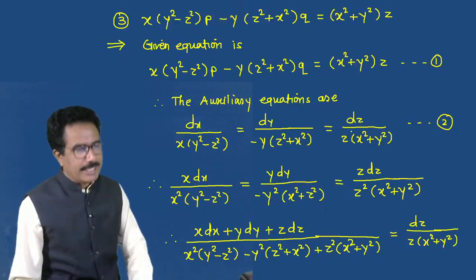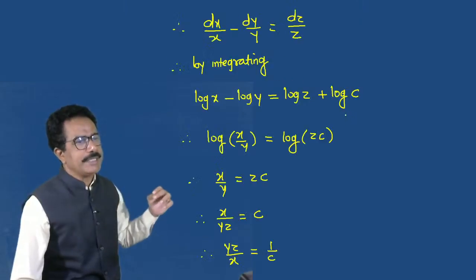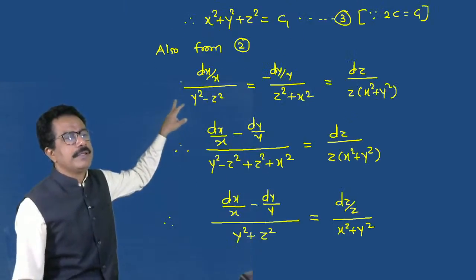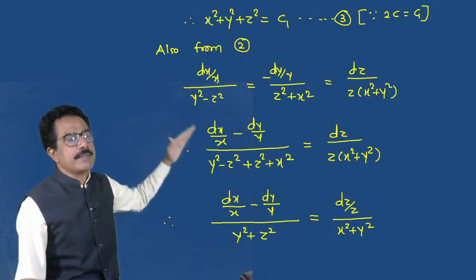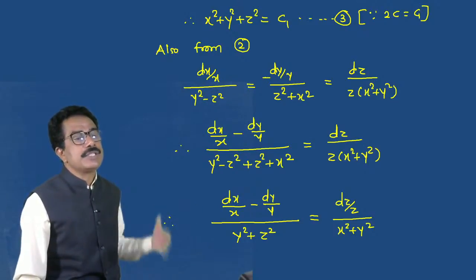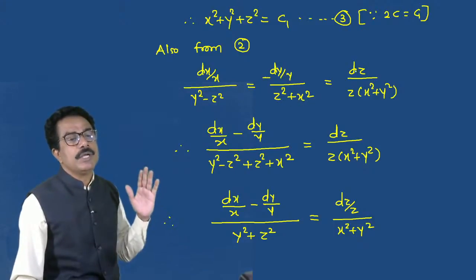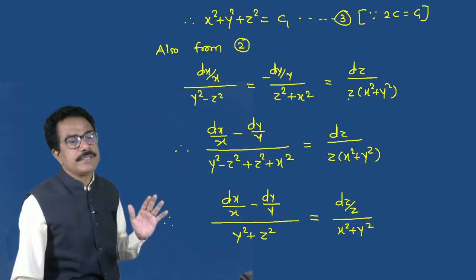In this way, from the auxiliary equation, we can write this second form: dx upon x(y square minus z square), minus dy upon y(z square plus x square), which is equal to dz upon z.